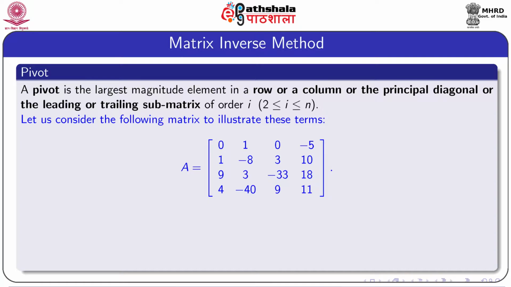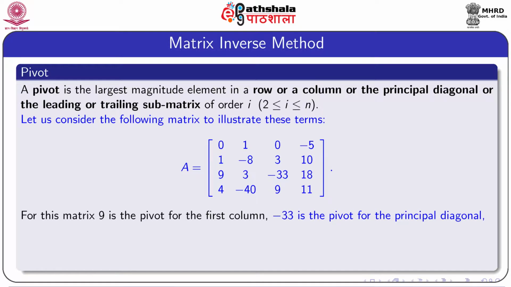Let us consider the following matrix to illustrate these terms. For this matrix, 9 is the pivot for the first column. Note that the maximum element among the elements of the first column is 9. Minus 33 is the pivot for the principal diagonal. Note that the maximum magnitude element among the diagonal elements 0, −8, −33 and 11 is −33.